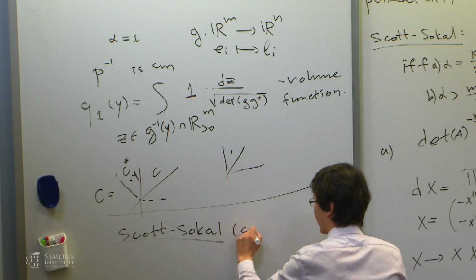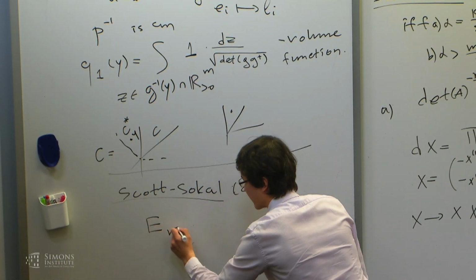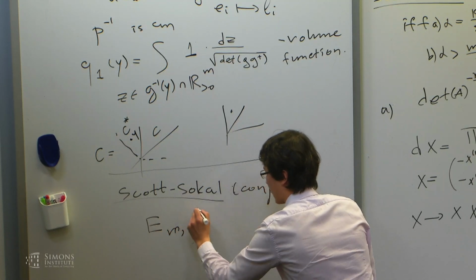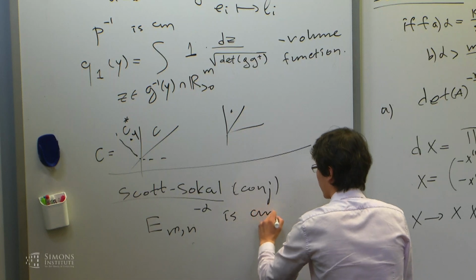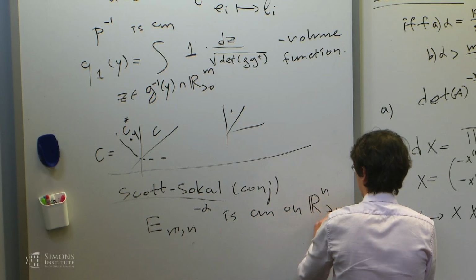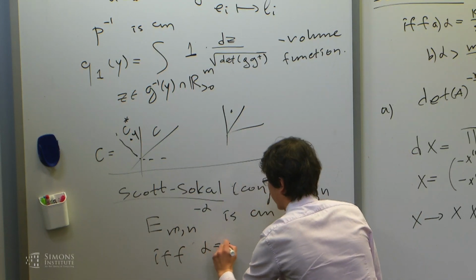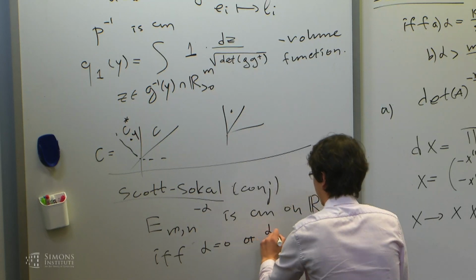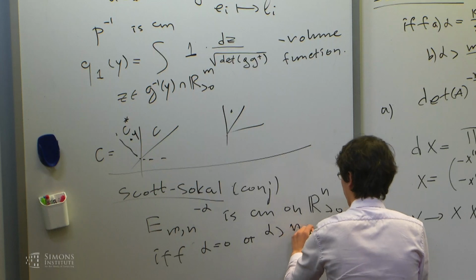The elementary symmetric polynomial that I denote by E_{m,n}, when I take the alpha power of it, is completely monotone on the positive orthant if and only if alpha is either 0 or greater than (n minus m) over 2.